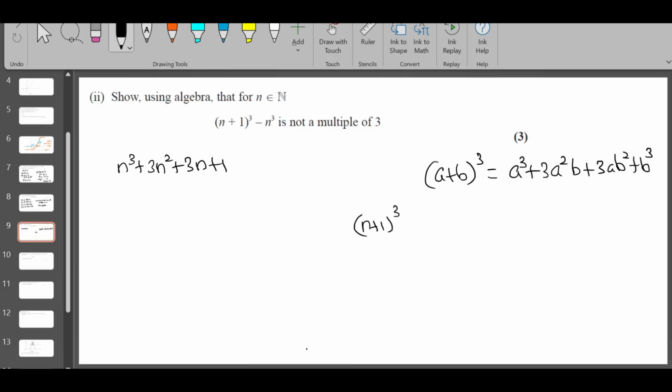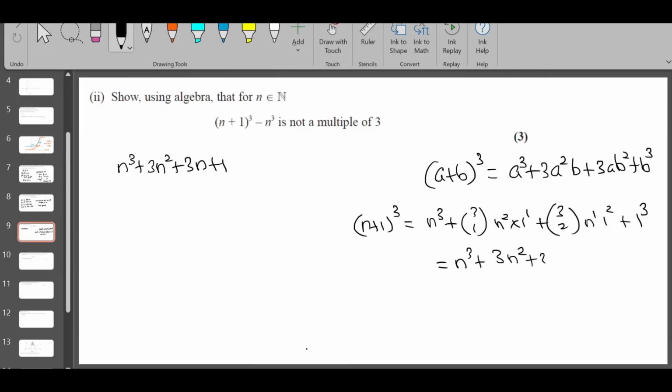N plus 1 whole cube is n cube plus 3c1 n square times 1 power 1, 3c2 n power 3 minus 2 times 1 square plus 1 cube, which is n cube plus 3c1 is 3n square, 3c2 is also 3n plus 1, okay, minus n cube.